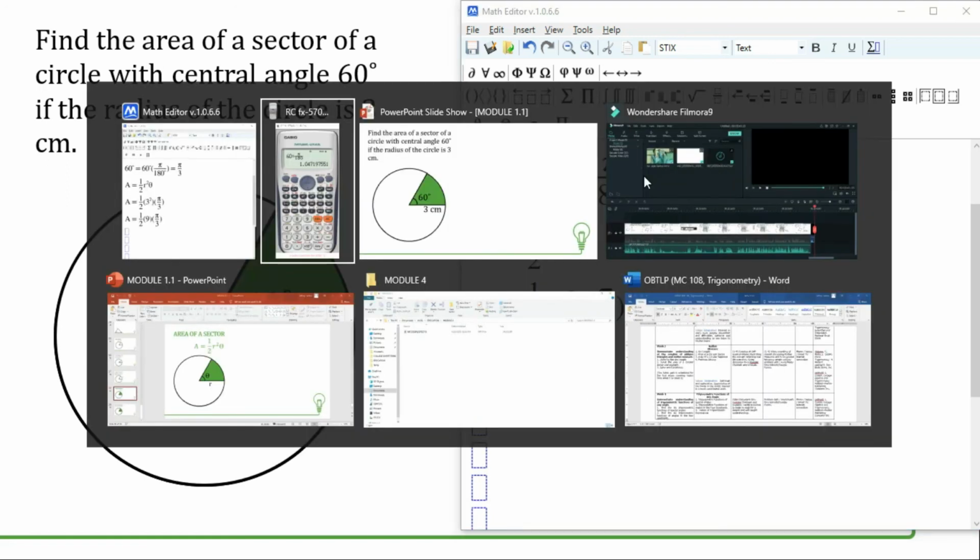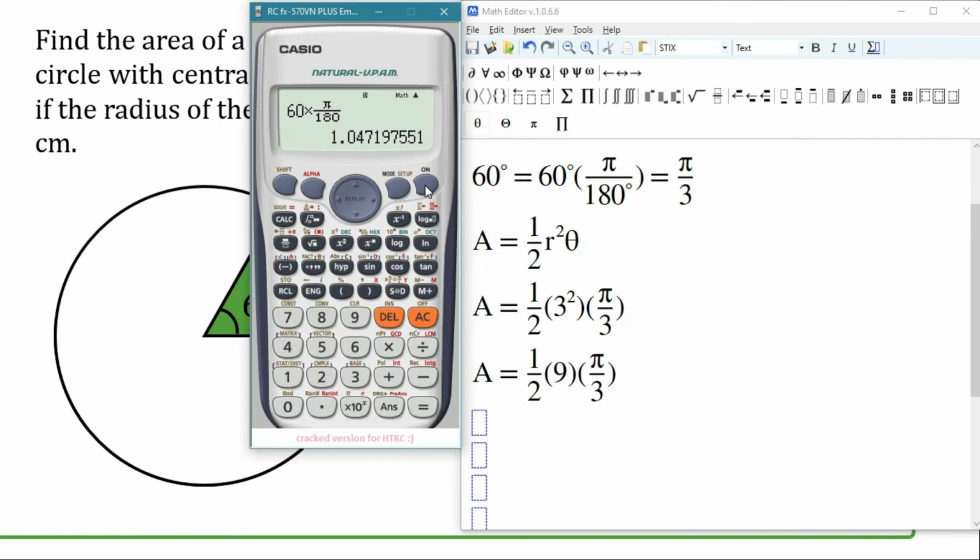Since we are allowed to use our calculator, that's going to be 1/2 multiplied by 9 multiplied by pi over 3. Oops, sorry.